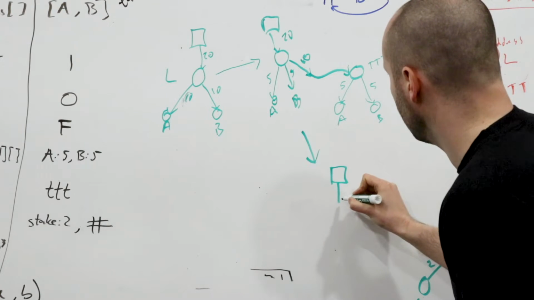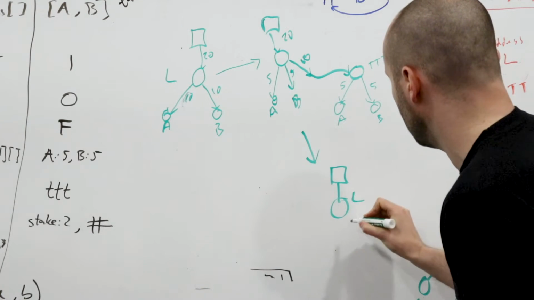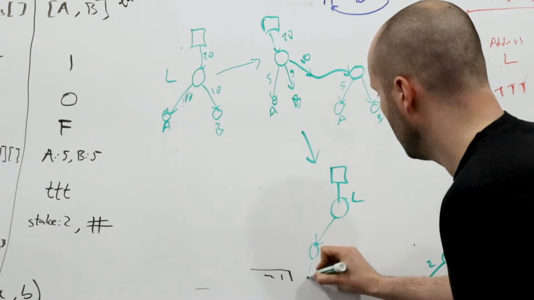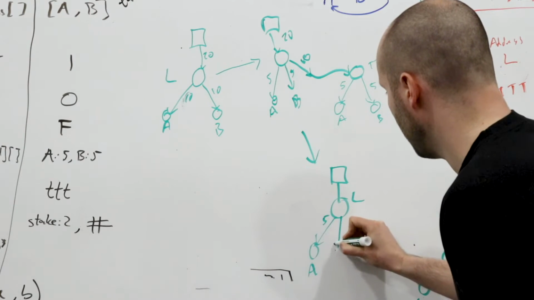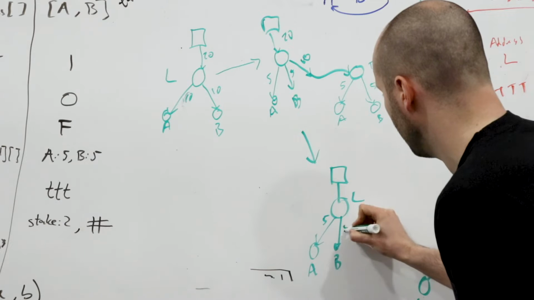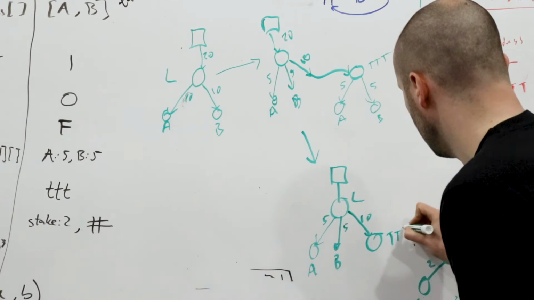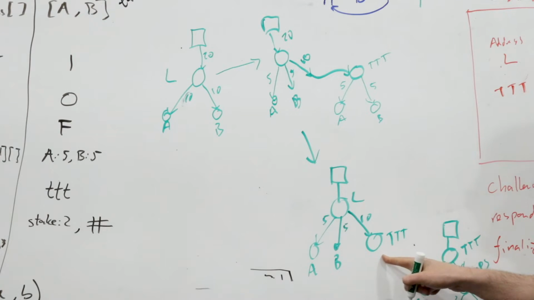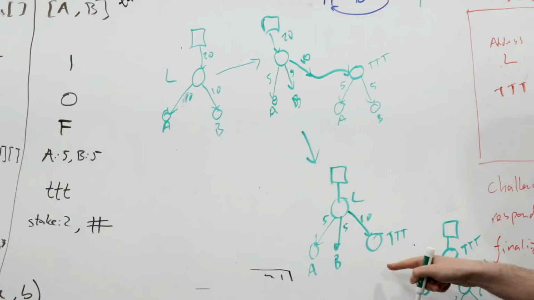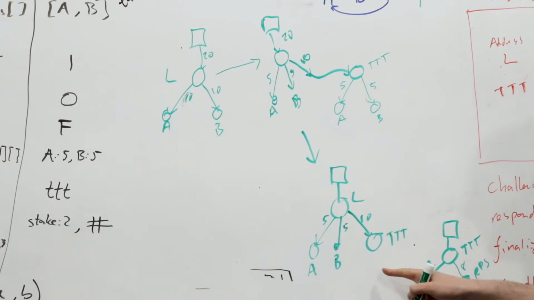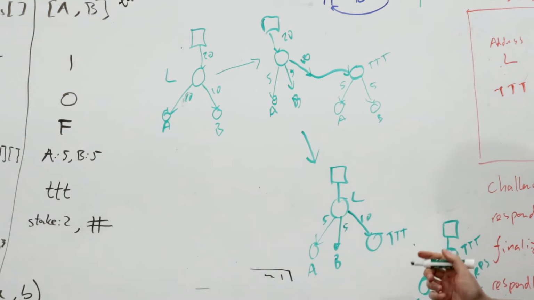We're in this situation where we've got a ledger channel. A still has a balance held there. B still has a balance of 5. We've got this tic-tac-toe thing here. This is while we're playing the game. This is no longer in a universally finalizable outcome, since it's oscillating between Alice and Bob.